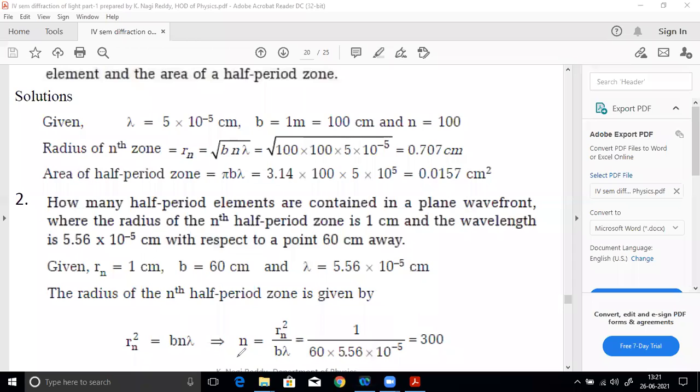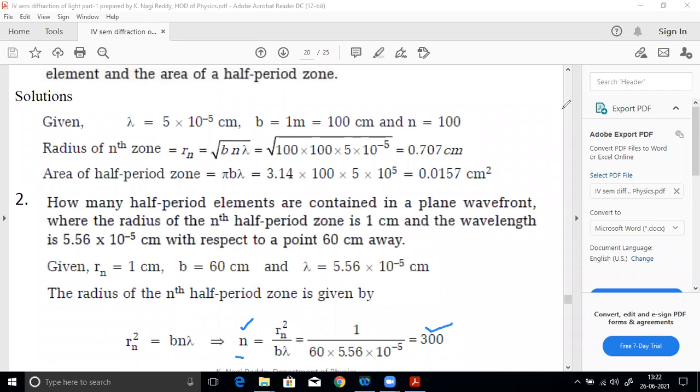Therefore, n is equal to Rn squared by b lambda. Rn is 1 centimeter, b is 60, substituting and calculating, you will get 300. That means if the radius of the nth half-period zone is 1 centimeter, then there are 300 half-period zones. So that's about the problem.